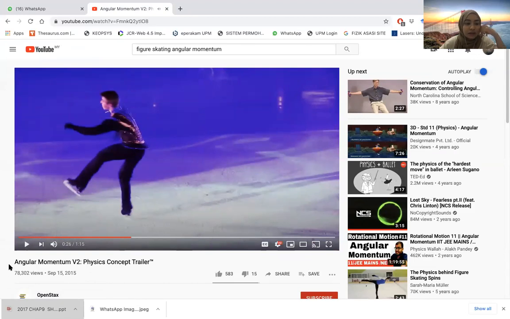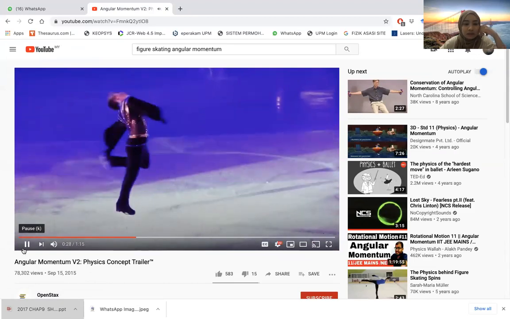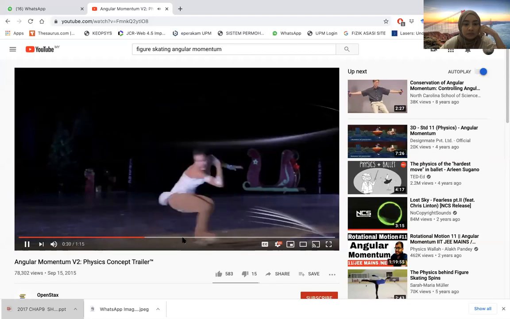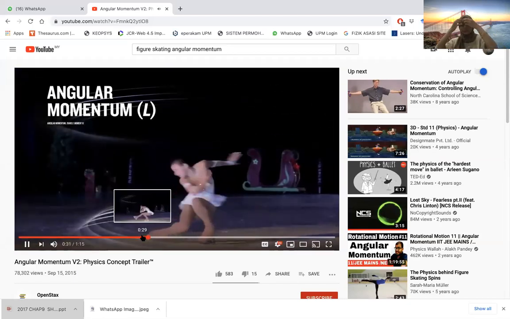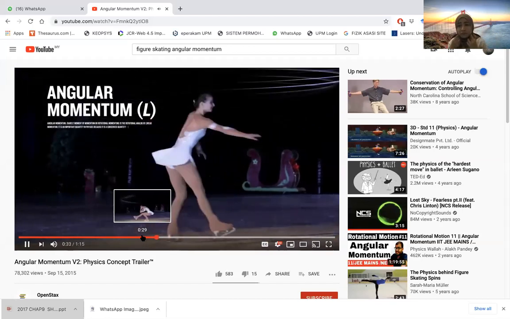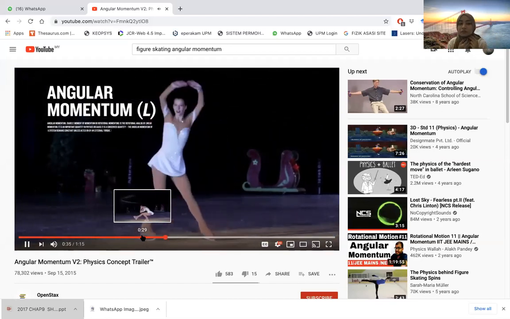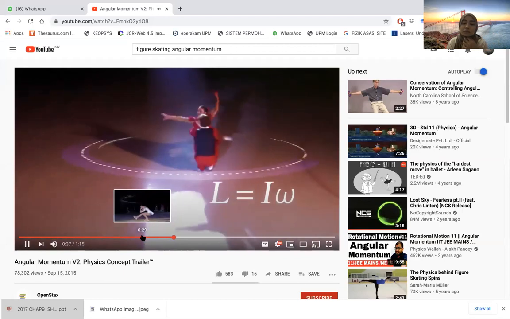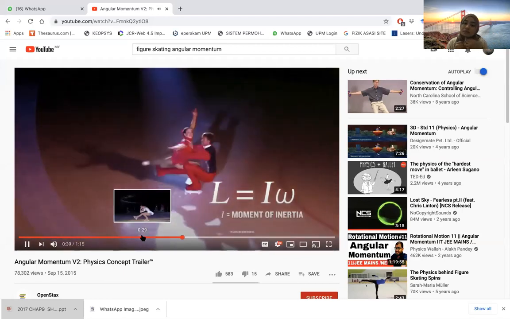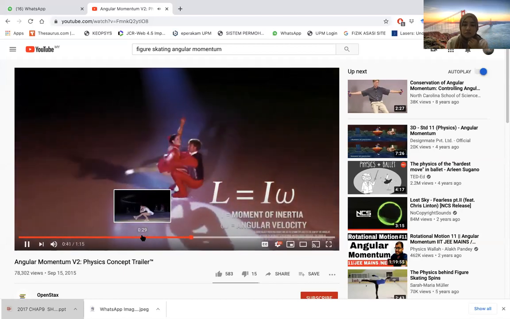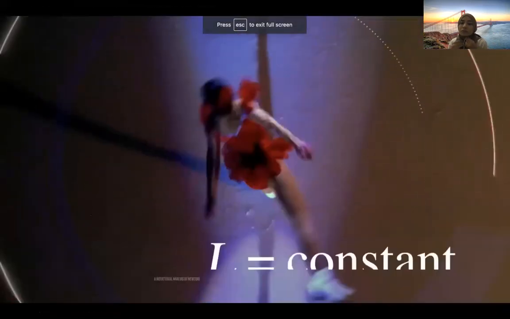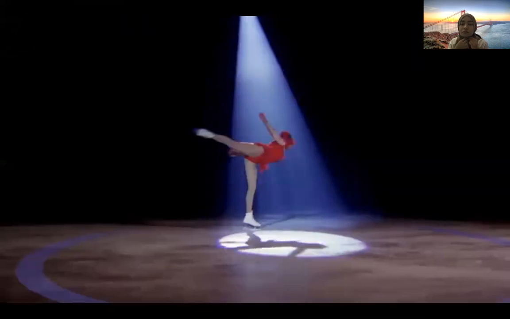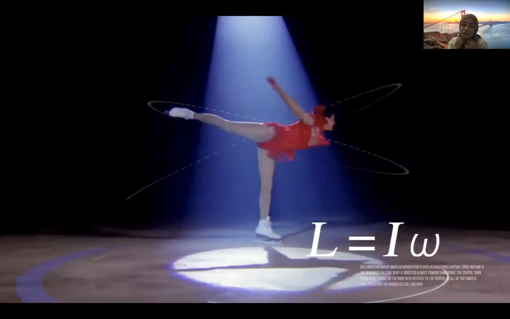Through years of tireless training, skaters must learn to understand moment of inertia or momentum. Must learn to understand and use angular momentum to become the best in their sport. Angular momentum is the product of a skater's moment of inertia and angular velocity and is represented by the letter L. When the skater is rotating with no net external torque acting on her, angular momentum is conserved.